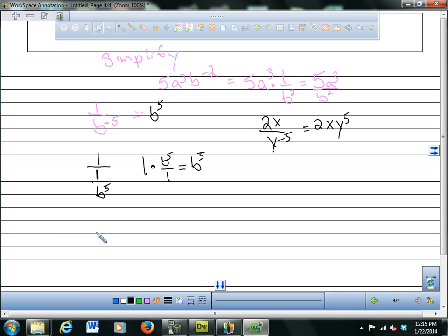Yes, Sawyer. Why do you have 1 over 1 over b to the 5th? Because b to the negative 5th can be rewritten as 1 over b to the positive 5. I'm just trying to show you where this rule comes from. So it's still 1 over b to the 5th, right? So when you divide by a fraction, say you have 3/8 over 5/7, I know you did this in middle school or maybe before that.